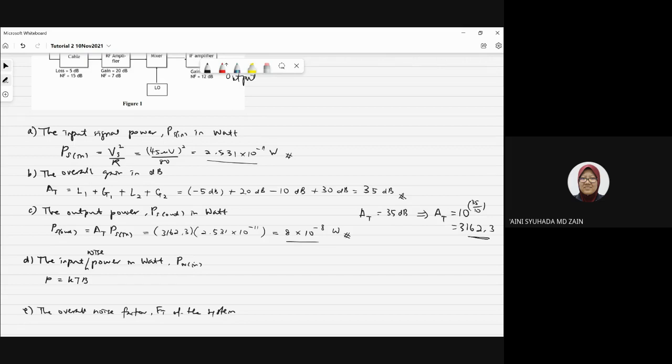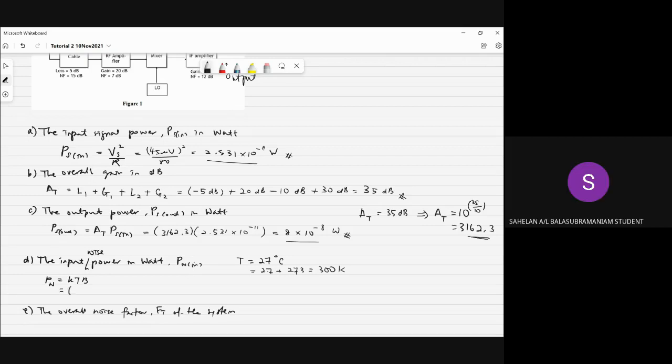So you can assume that the temperature is, for example, 27 degrees Celsius. To be used in this formula, the temperature needs to be converted to the Kelvin value. So it would be plus 273, so that would be the value of the temperature that will be used.